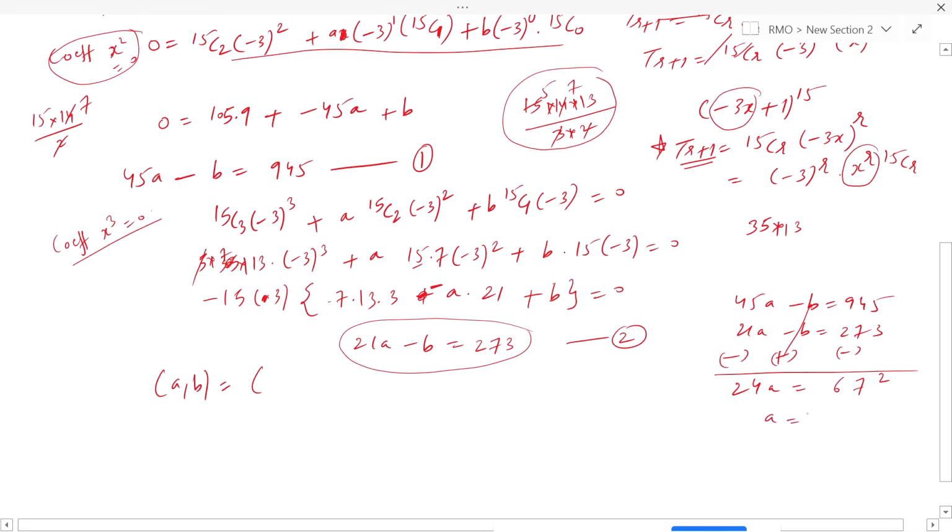A will be 672 by 24. What is the answer? 672 by 24.